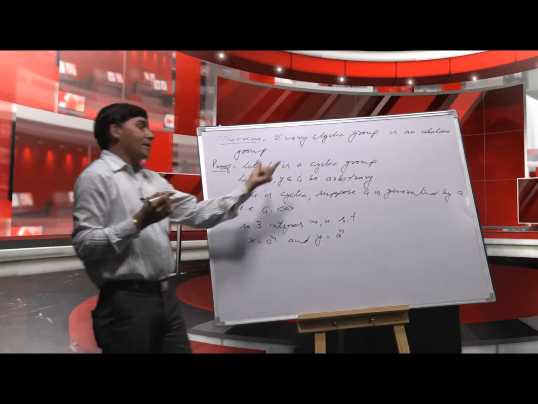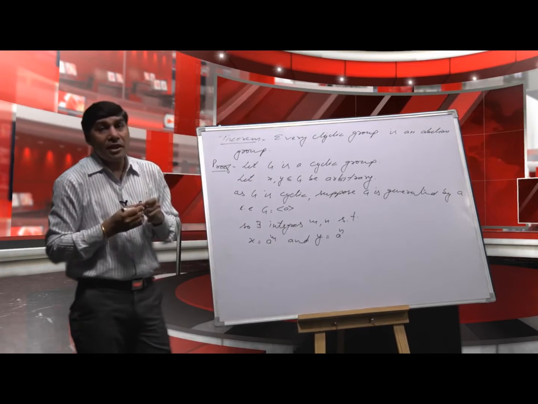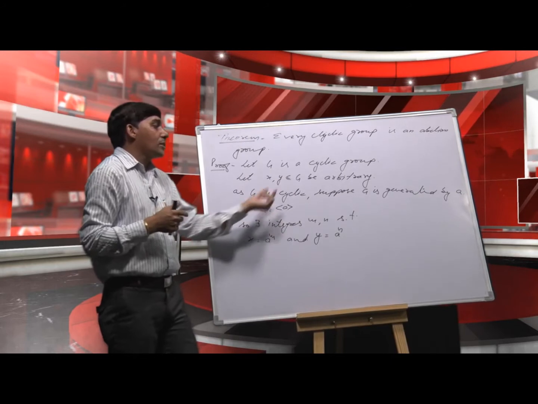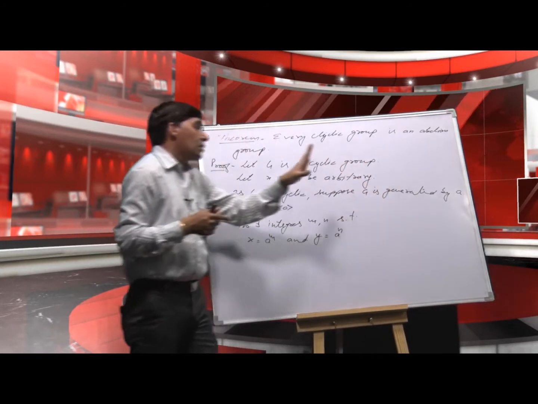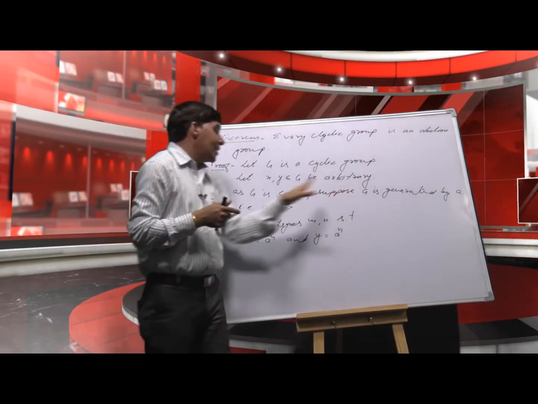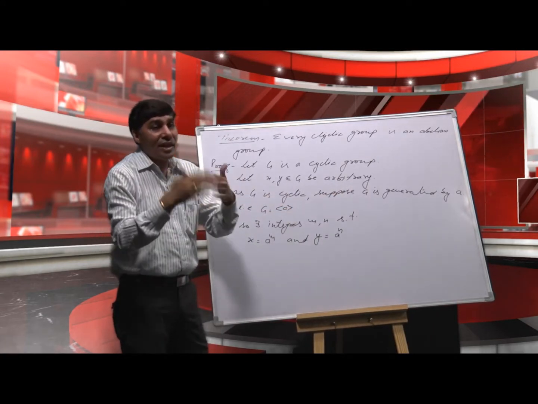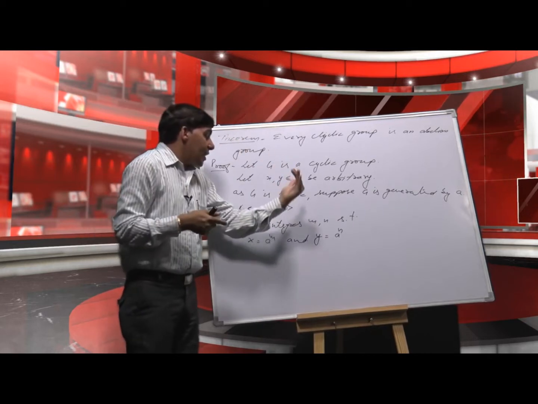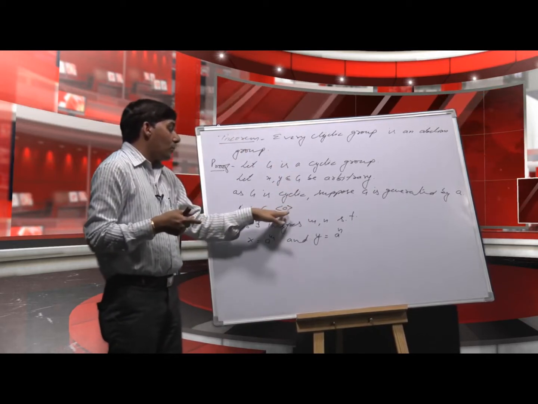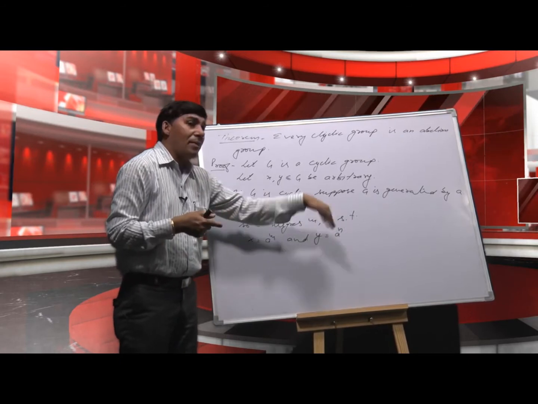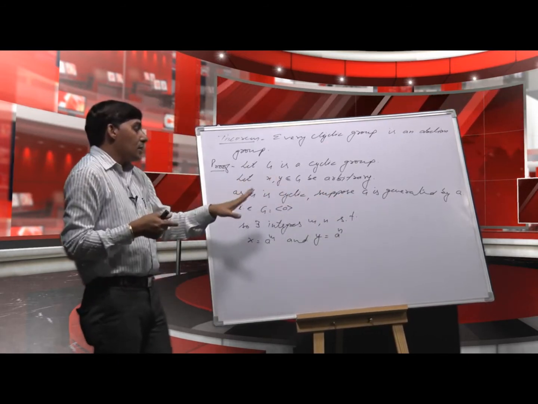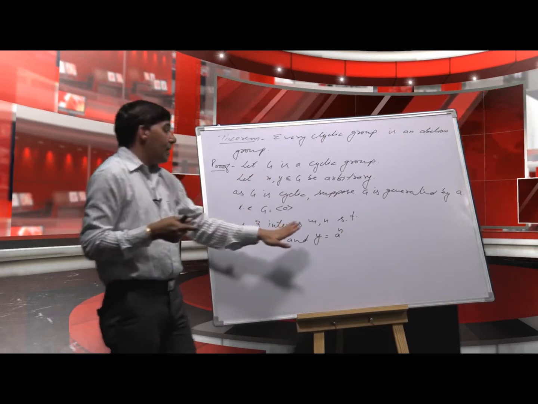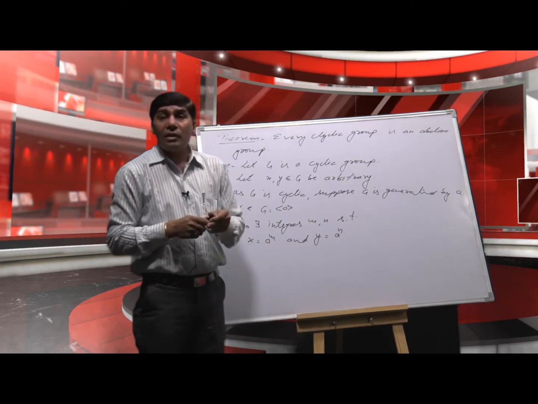By the definition of the cyclic group, every element of a cyclic group can be written as an integral power of the generator. So here G is a cyclic group generated by a. That means every element of G can be written in the form of an integral power of a. So there exist two integers m and n. They may be different, they may be equal, but we can write x is equal to a^m and y is equal to a^n.